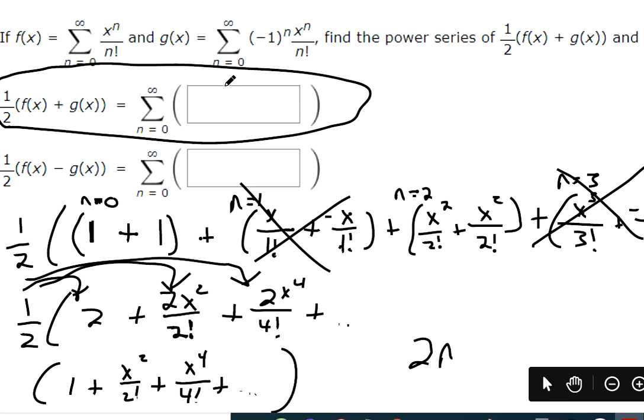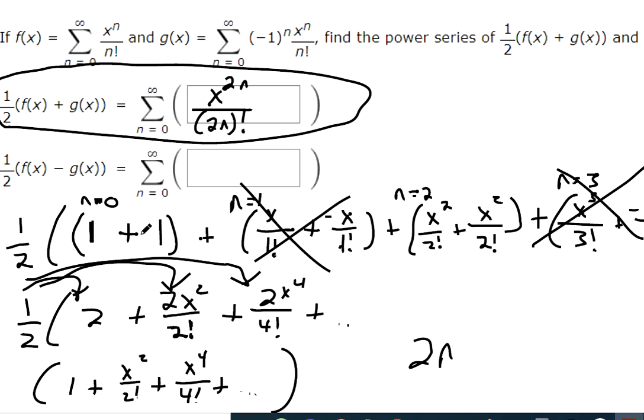For this series, we have x to the 2n over 2n factorial. I'm saying this is 2n because it's always an even number, and this exponent is always 2n because it's always an even number.